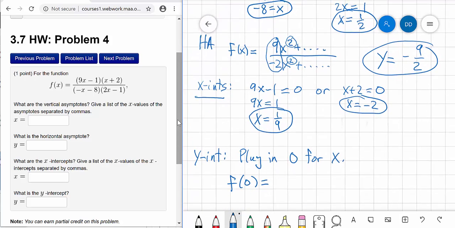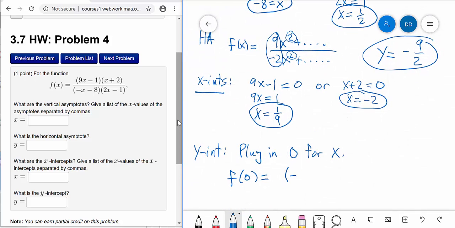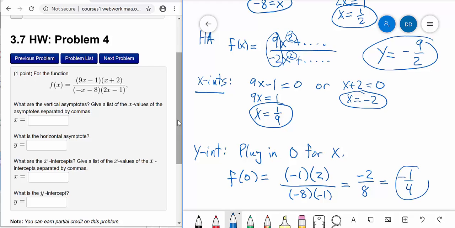So we'll get 0 minus 1 in the first factor, 0 plus 2 in the second factor, 0 minus 8 in the bottom factor, and then 0 minus 1. So f of 0 would equal negative 2 over 8, which would reduce to minus 1/4. So here's our value of our y-intercept.